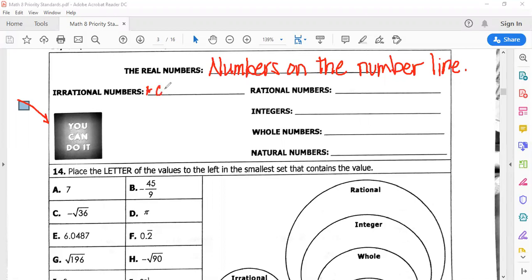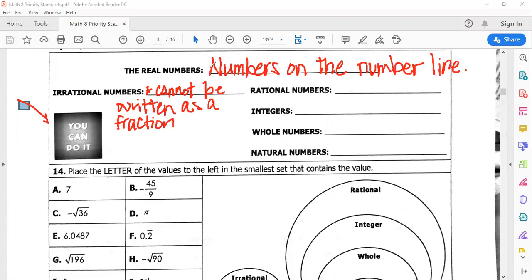Number one, irrational numbers cannot be written as a fraction. It's hard for me to write on this. Okay, that's the first thing.